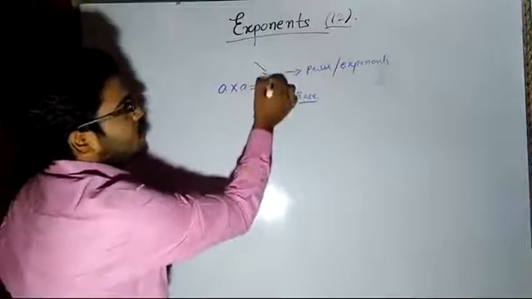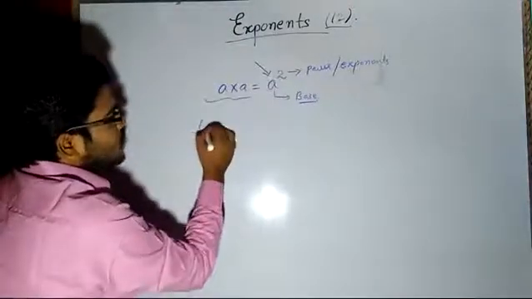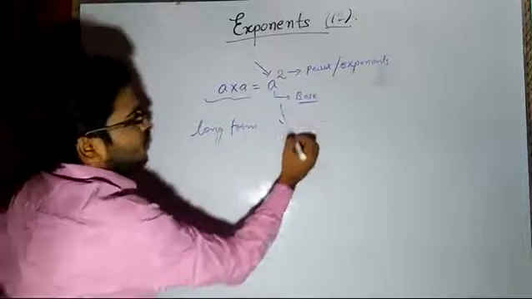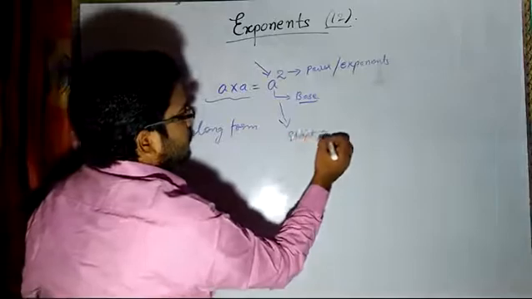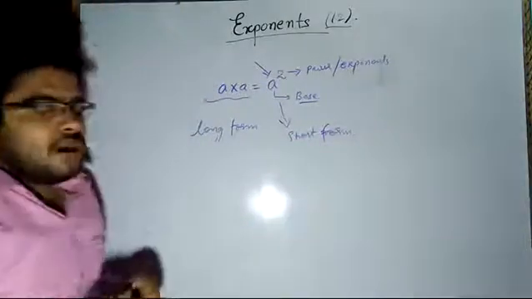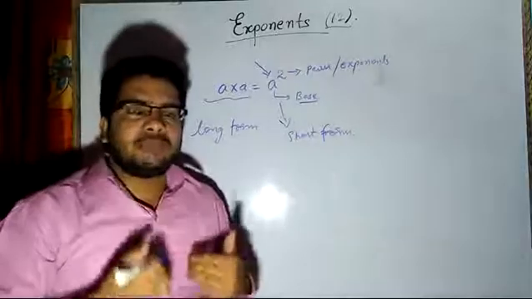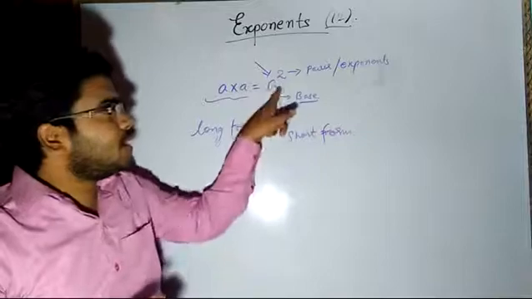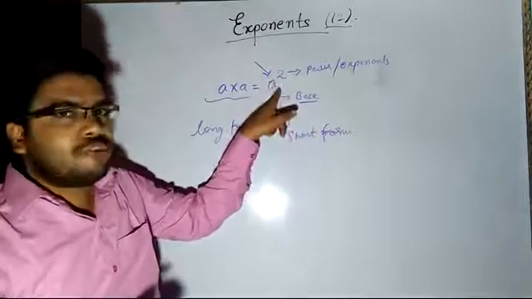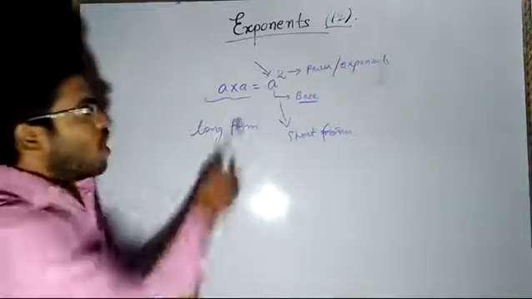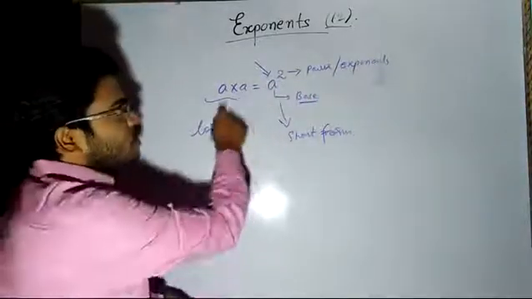This is called as the short form, this is called as the long form. That means a number which when it is multiplied by itself, we can express that number in a simple short form, and this is called as the exponential form of the number.